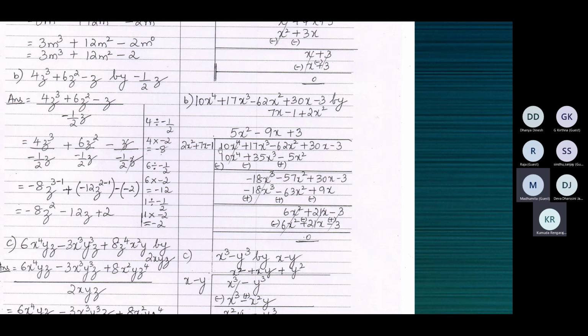Yeah, we have to multiply 5x square with all the 3 terms in the divisor. So 5x square into 7x will give us plus 35x cube. And then 5x square into minus 1 is minus 5x square. I understand now.